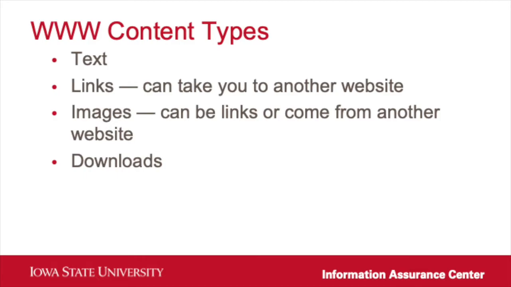So let's talk a little bit about content types. The web presents a lot of different content to you. The most common content is text, the words you see when you go to a web page. Now the text is in a pretty format. You see bold, and you see different font sizes and different fonts, but this text is the bulk of what we see and we read through.